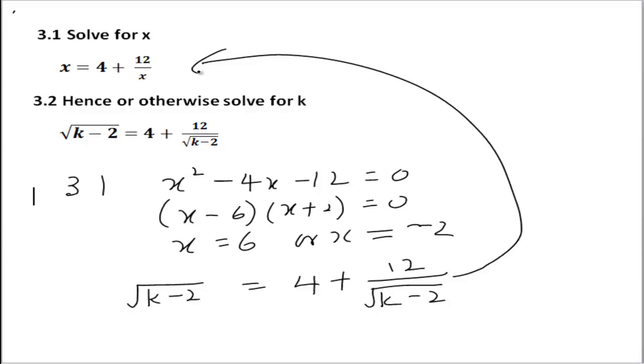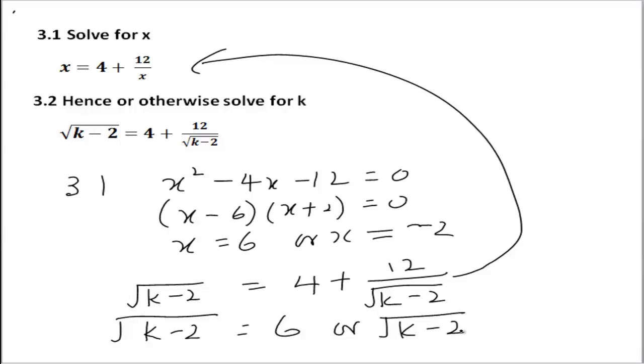The only difference is the x and root of k minus 2 are same. So whatever answers we've got for x, we can apply it to root of k minus 2. So in other words, root of k minus 2 is equal to 6, or root of k minus 2 is equal to minus 2.